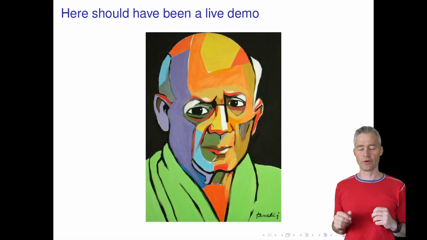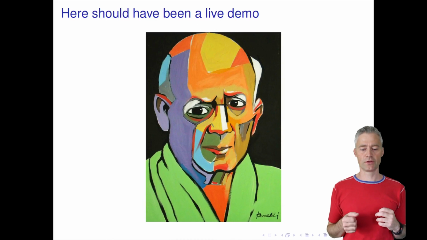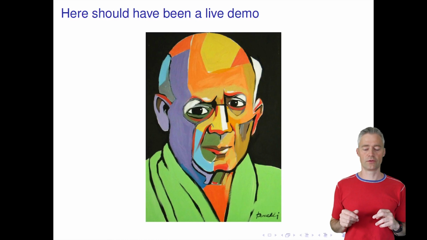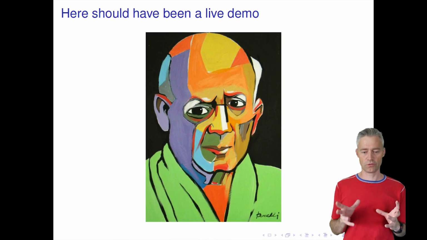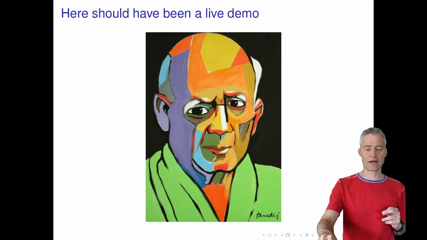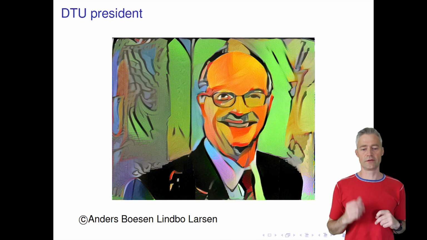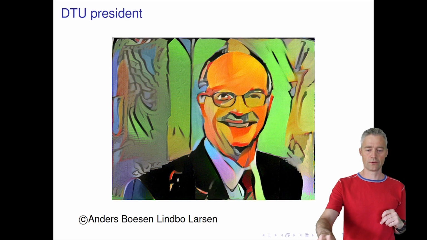Here is an implementation of this algorithm by one of our PhD students. We have taken an image that is not painted by Picasso, but shows Picasso, and then we have applied that to a photograph of the president of our university, and you get this nice thing that I really like.